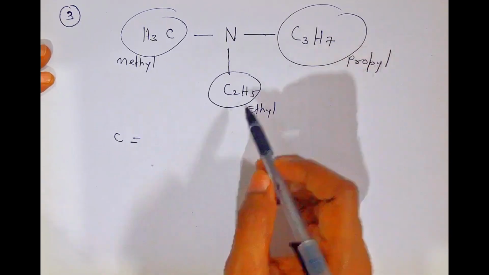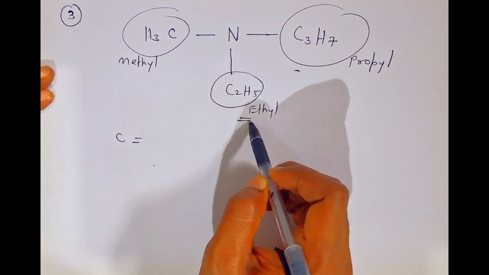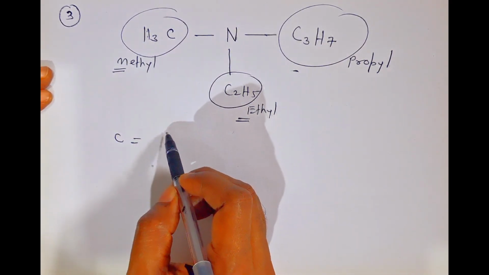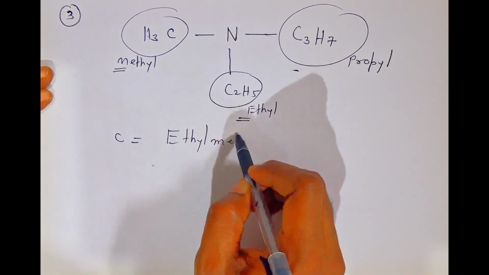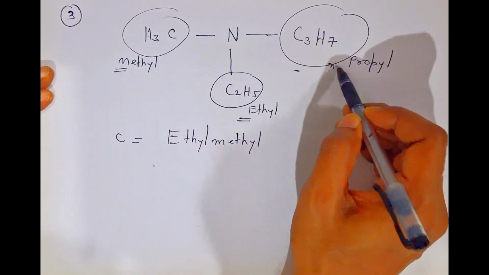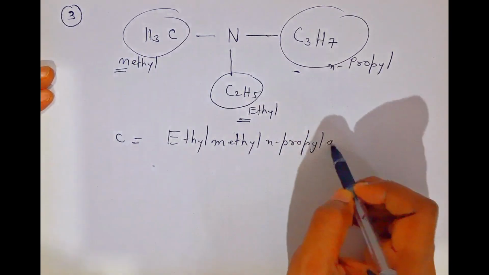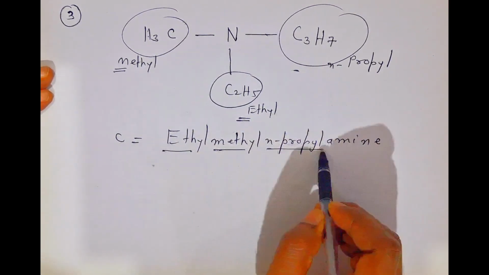These three alkyls are attached to this nitrogen. E is coming first, after that M, then P. So the name of this amine will be ethyl, methyl. Since it is a normal propyl, we will write N-propyl amine. So the name of the compound will be ethyl methyl N-propyl amine.